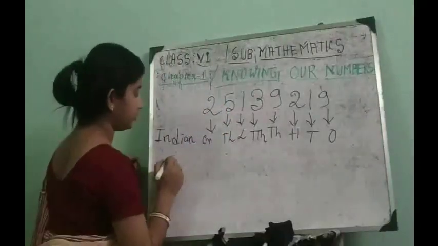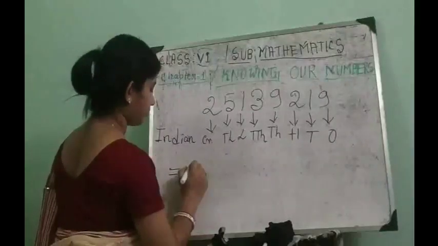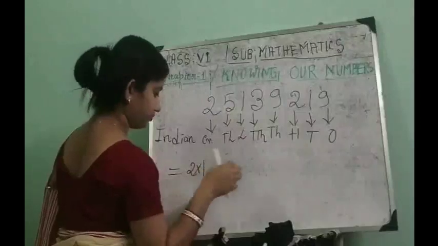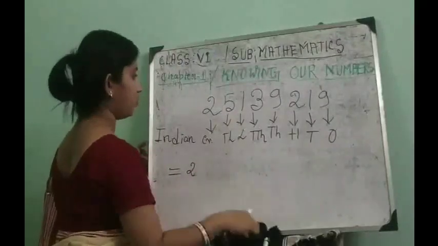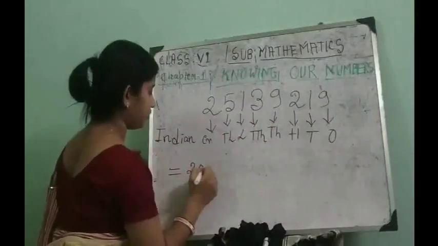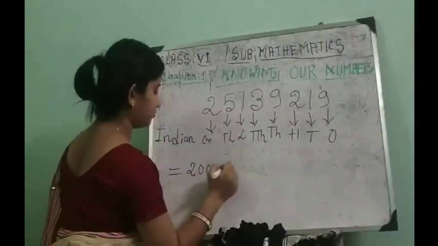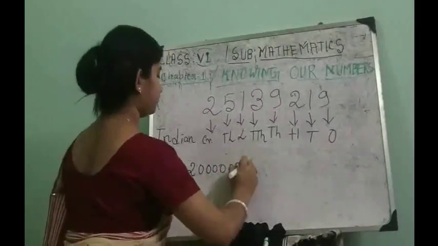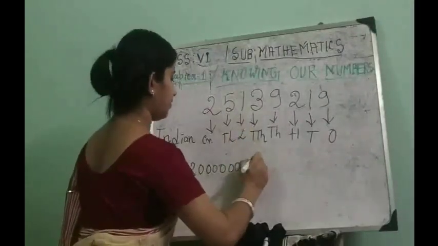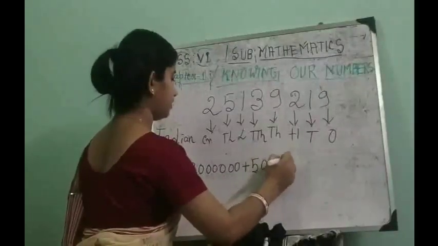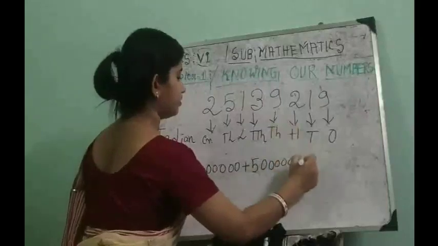We write this 2 into 1, 2, 3, 4, 5, 6, 7, 7 zeros. Plus 5 into 1, 2, 3, 4, 5, 6 zeros.